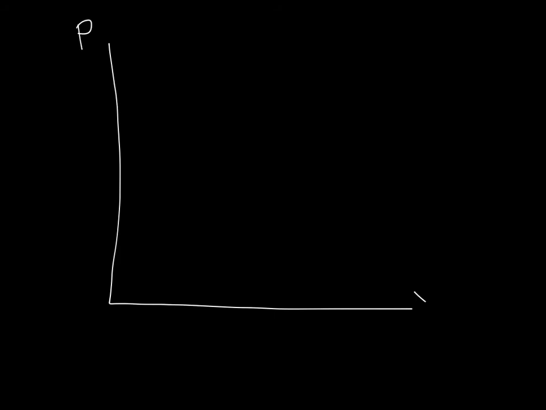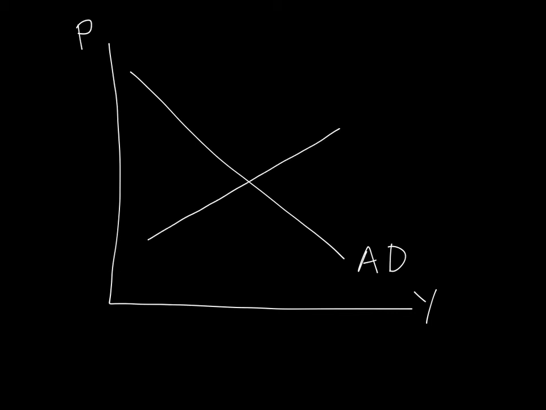I'd now like to show you how this works out with respect to the aggregate demand, aggregate supply diagrams that we've used in earlier material. So we have our price level, our income level here, we have our aggregate demand curve, and we have our short-run aggregate supply curve here. Okay?